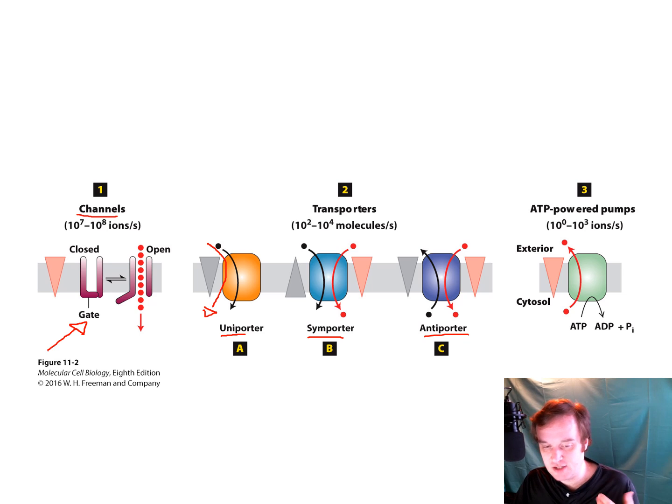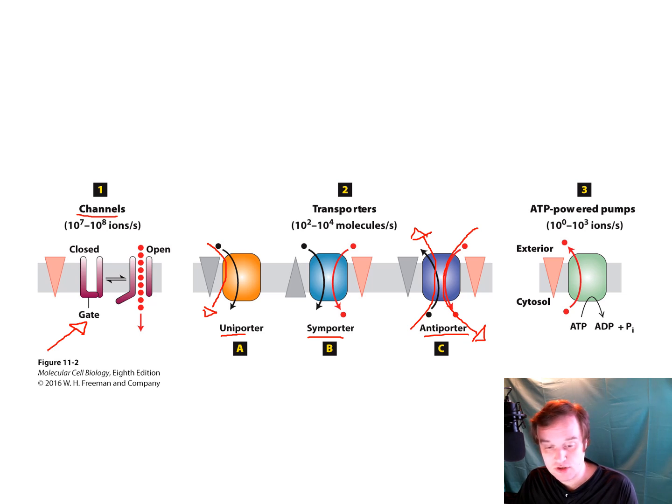And the energy available from movement of one of its ions down the gradient drives movement of one more molecule in the same direction. And an antiporter is the same thing, but in the opposite direction. So an antiporter uses energy available from the movement of one ion across the membrane to drive another molecule in the opposite direction across the membrane.